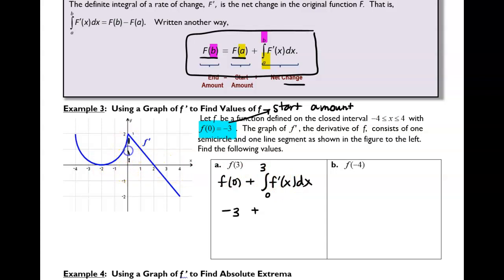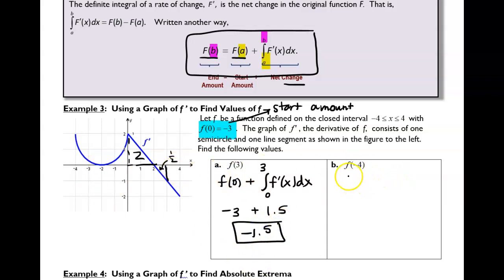I have this triangle here that has an area of 2, base 2, height 2 times 1/2. And then this little triangle here, which has an area of 1/2. So I have -3 plus 2 minus 1/2, or -3 plus 1.5. That gives me an answer for f of 3 of -1.5.